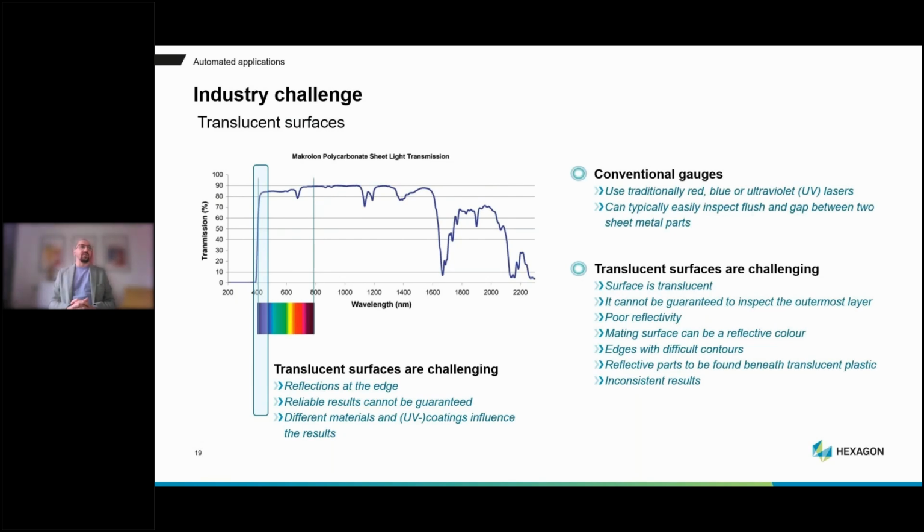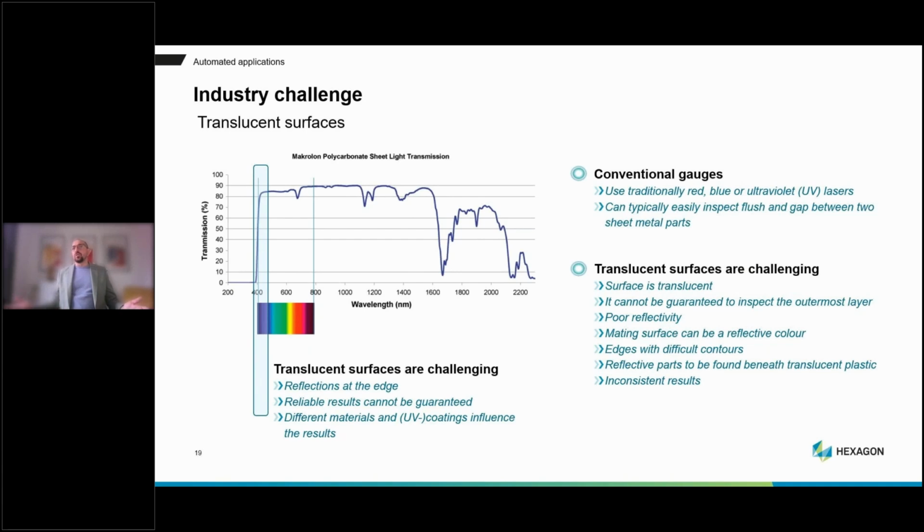Here we see it for Macrolon, which is basically a transparent plastic. And here we see that at 400 nanometers, the transmission breaks off and we will get a reflection. However, this is not true for all parts. Especially for glass, it might be even shorter.